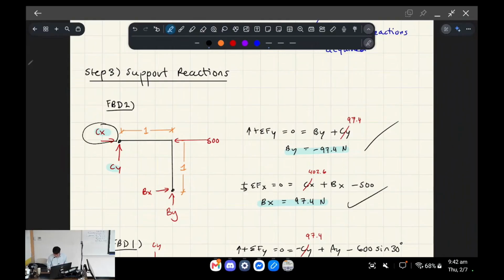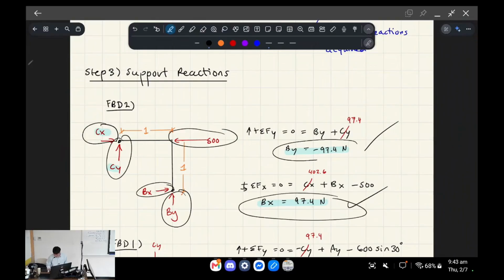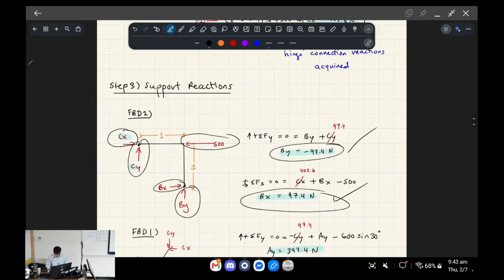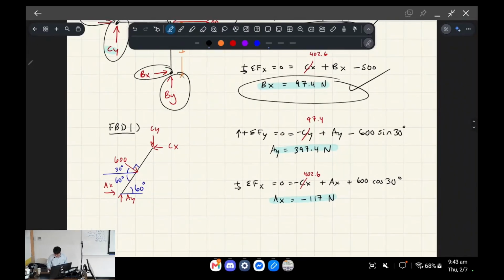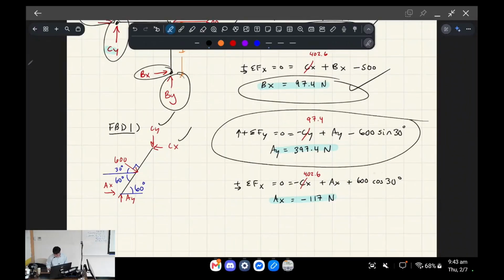So it's basically saying all the horizontal forces are going to result in Bx, right? So that one. And then all the vertical forces are going to be counterbalanced by By. And for the first free body diagram, same thing. We've worked this out, we've worked this out. So we look at all the equilibrium in the y direction and the equilibrium in the x direction, okay?